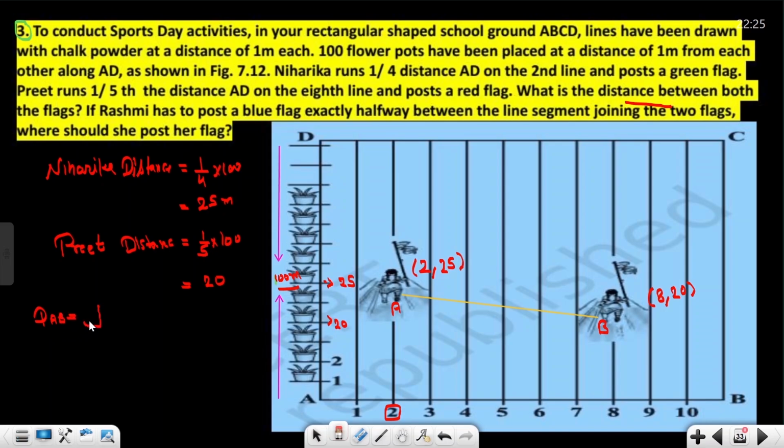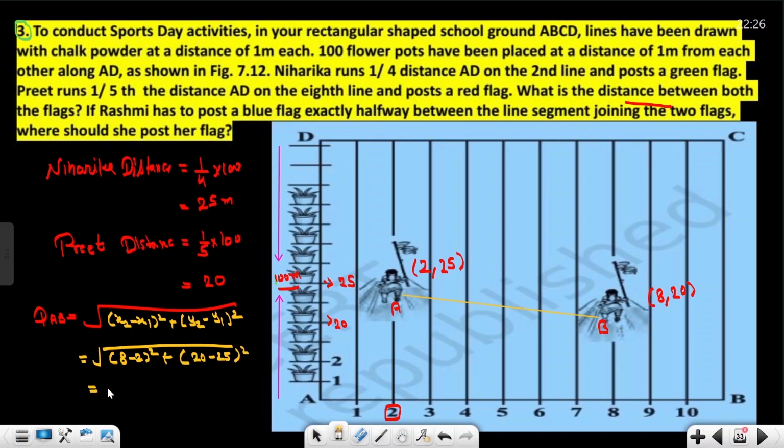So use the distance formula. The distance formula is root of (x2 minus x1) square plus (y2 minus y1) square. B coordinate minus A coordinate. So B coordinate is 8 minus 2 square plus 20 minus 25 square.